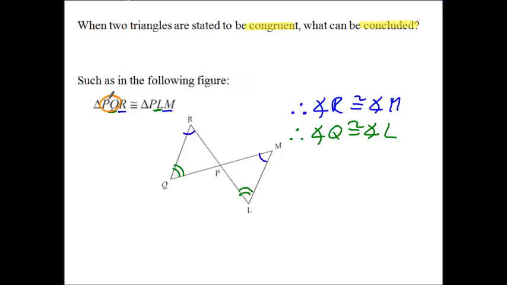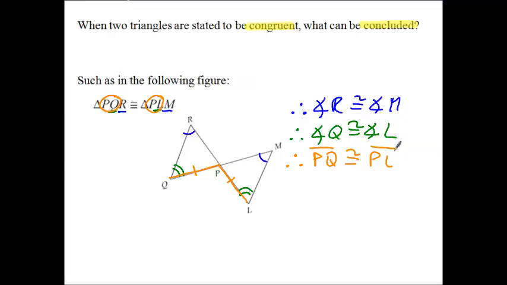The side PQ, which is this one, has to be congruent to the side PL. Or we can write, therefore, PQ is congruent to PL. And a lot of other things too.